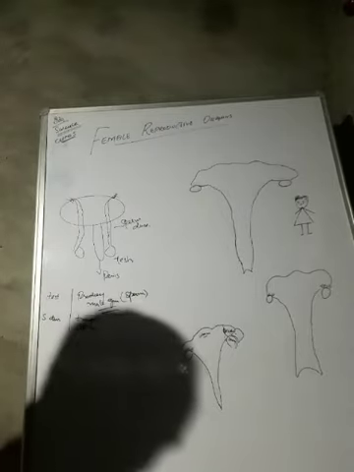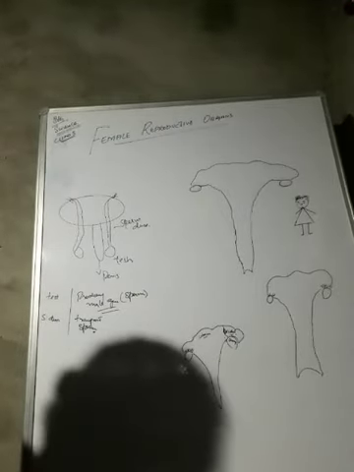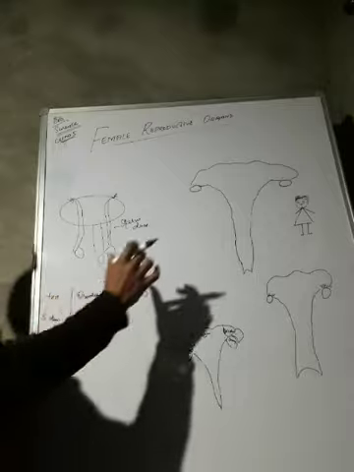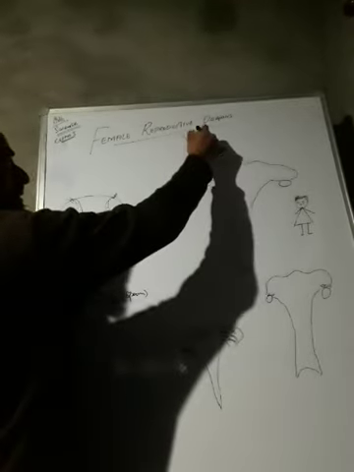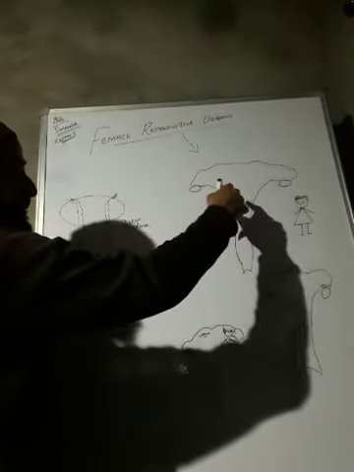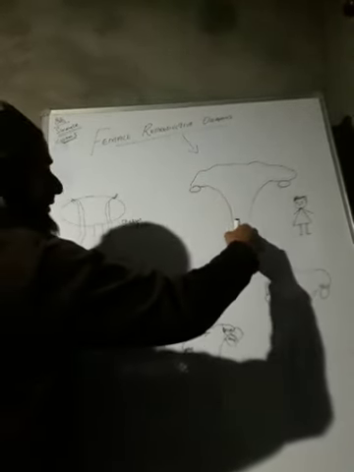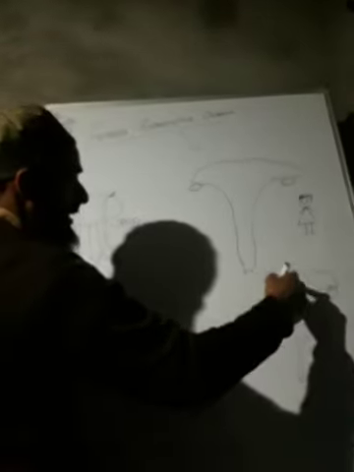Now, today, we will learn the female reproductive organs. This is the diagram of the female reproductive organs. This is the first diagram, second diagram, third diagram.